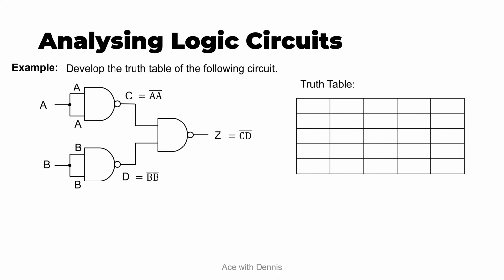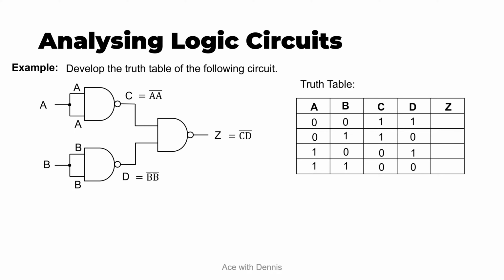Now let's build the truth table. We have AB with 4 possible combinations: 0,0, 0,1, 1,0, and 1,1. For output C, the result will be the inverse of A, which is A bar: 1, 1, 1, 0, 0. For D, it is B B bar, or inverse of B, hence the result will be 1, 0, 1, 0.